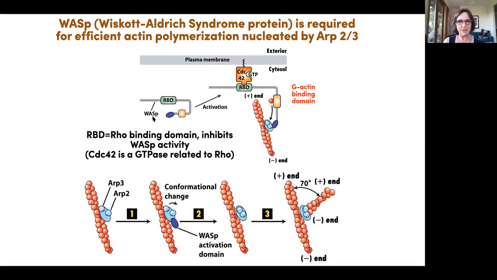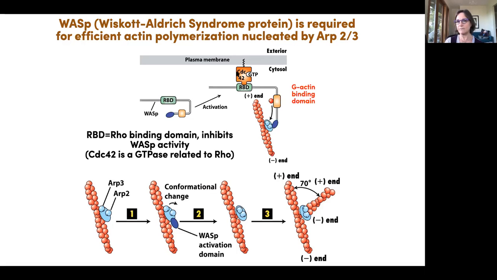There's a large family of proteins like this that are important for actin polymerization, and they all have a domain. In this slide, it's called a Rho binding domain, but more generally, they're called GTPase binding domains, or GBDs. And these domains typically inhibit WASP and its family members and other actin polymerization factors unless they are bound to an active form of a GTPase.